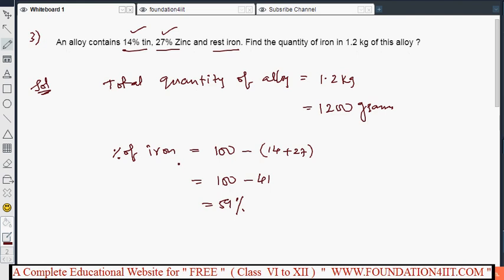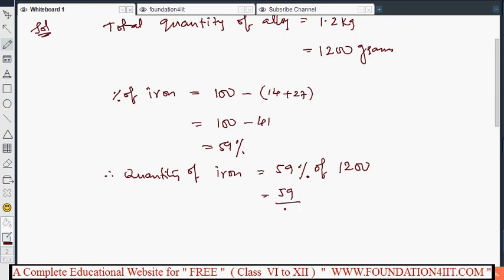Now find the quantity of iron. So quantity of iron is 59% of total 1200 grams.